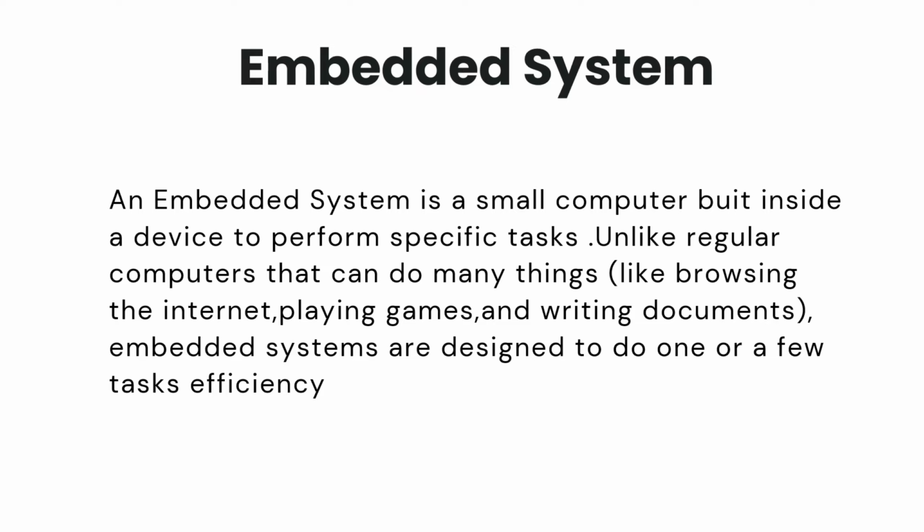Now, let us see types of embedded systems. Embedded systems are classified into standalone systems, real-time systems, network systems, and mobile embedded systems. In our project, we are using a standalone system. In real-time embedded systems, correct output must be produced within a given time.